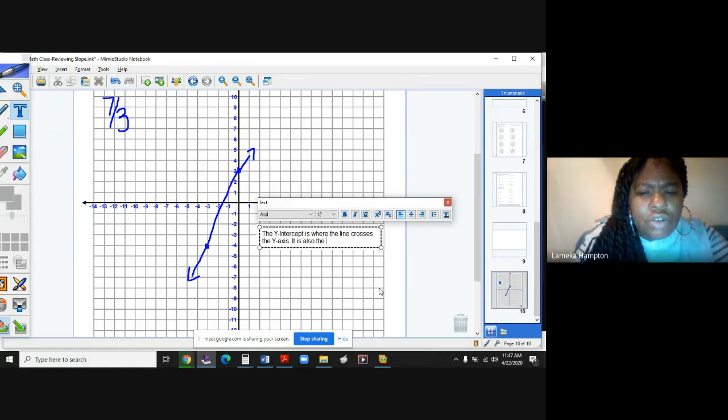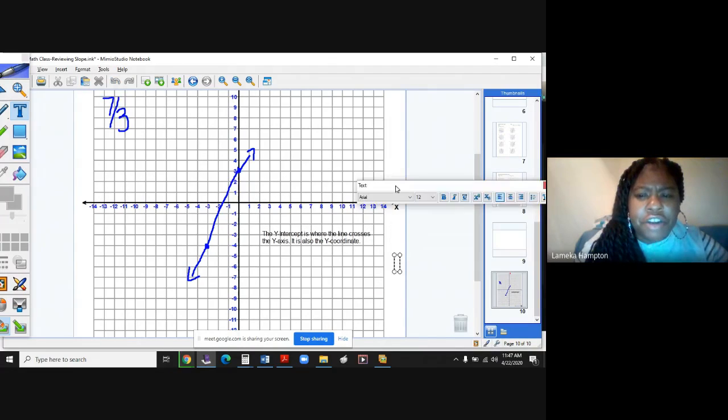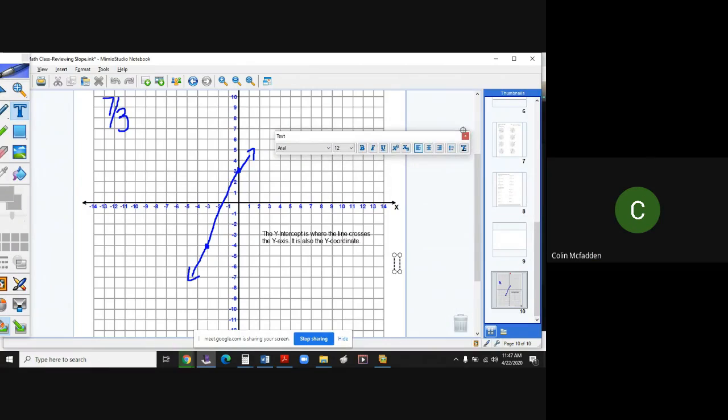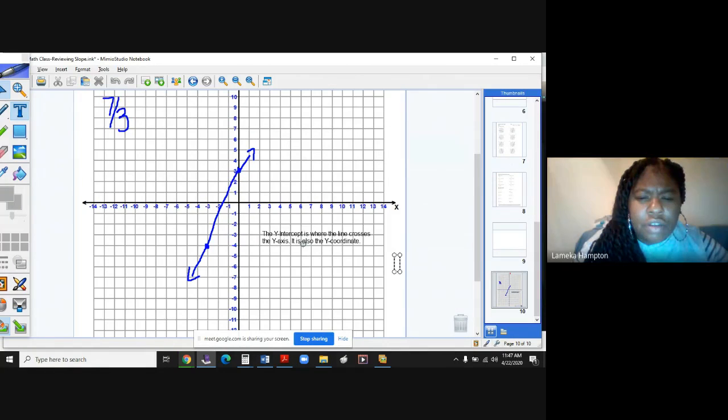It's also the y coordinate. Okay. Can y'all see that? Or do I need to make that bigger? Need to make it bigger.